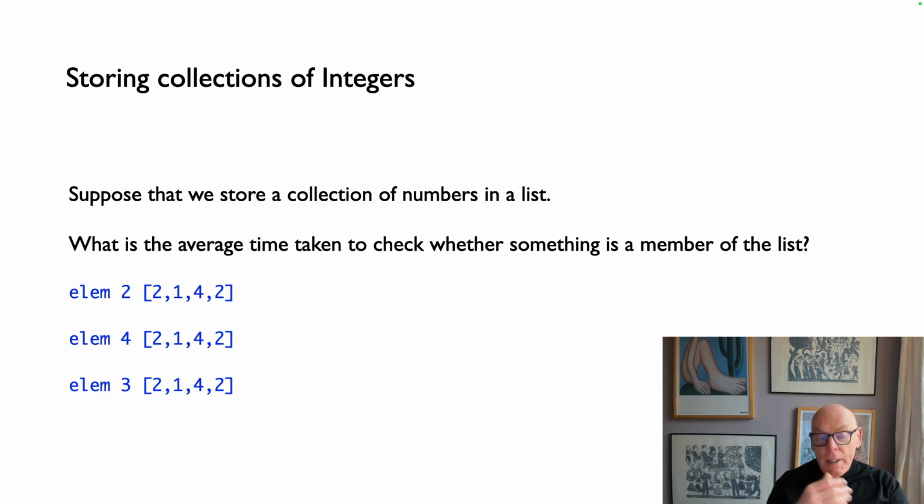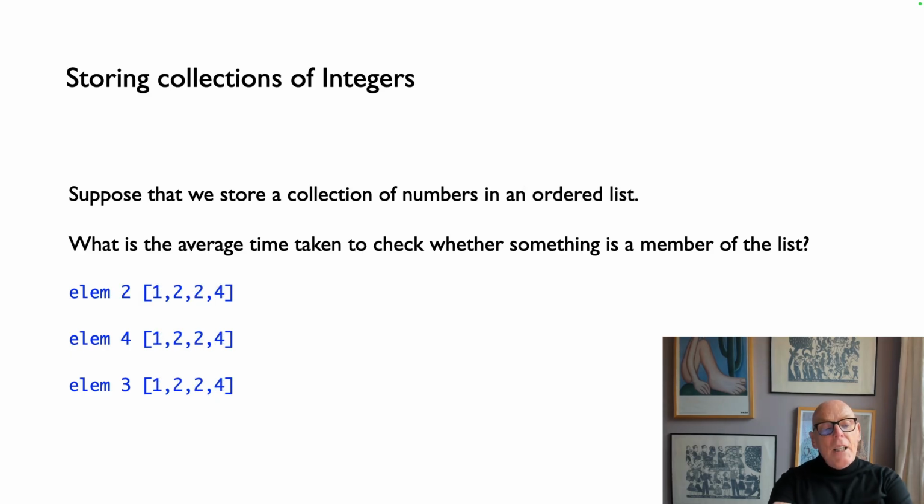And so the longer the list, the longer it will take us, in a linear scale up, in general to check whether something's a member of the list. For things that are not members of the list, we will have to check the equality of the item we're looking for against every item in the list.